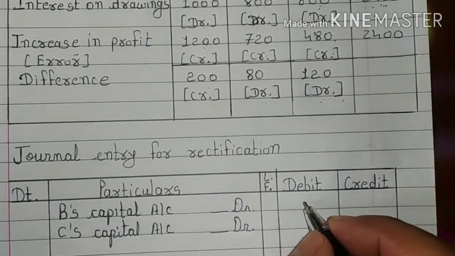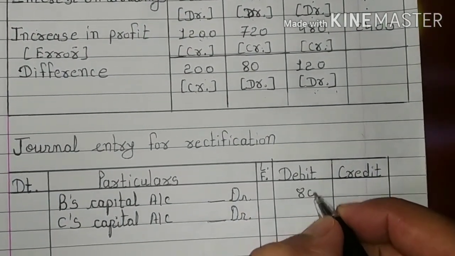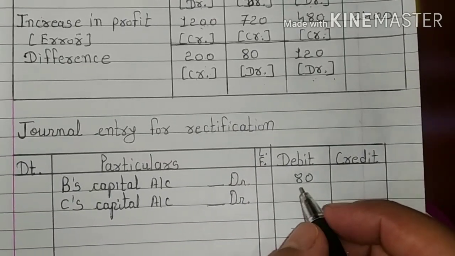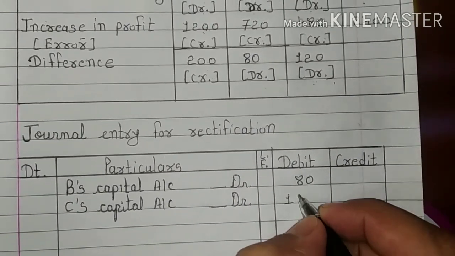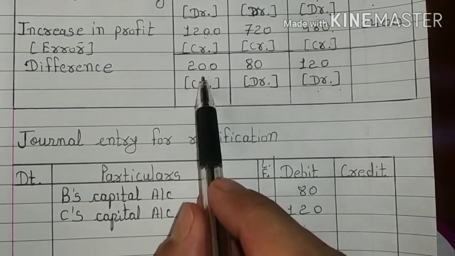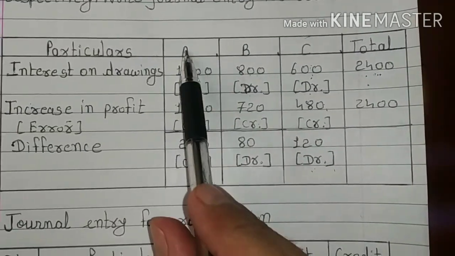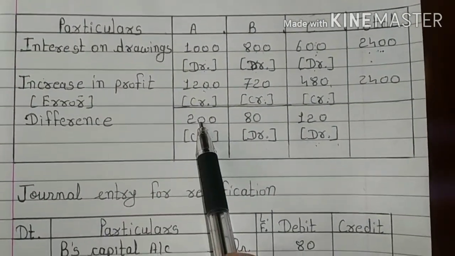B's capital account debited with rupees 80. C's capital account will be debited with rupees 120. And now A's capital account will be credited with rupees 200.